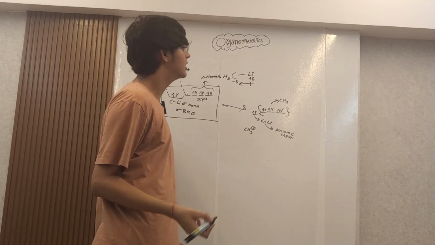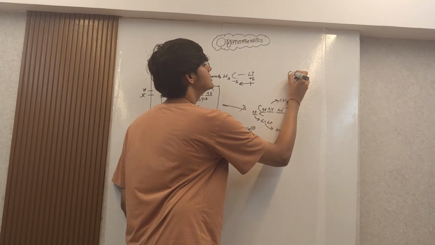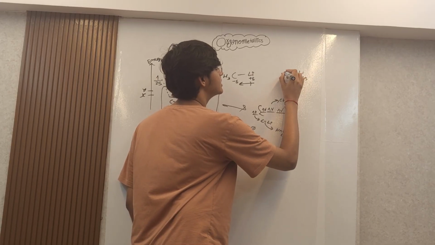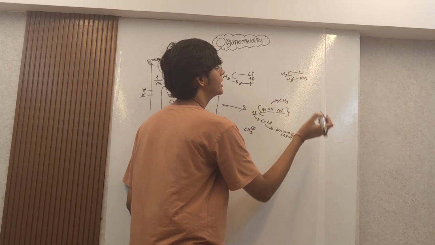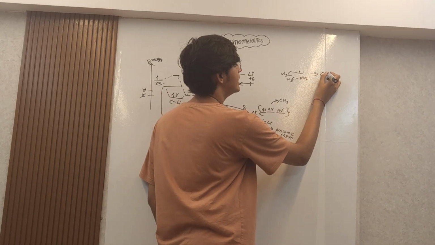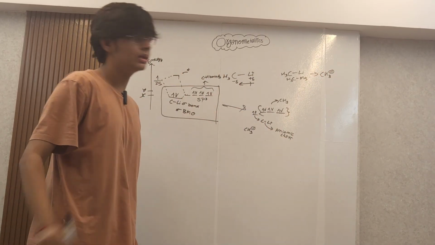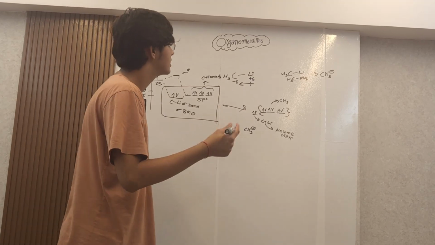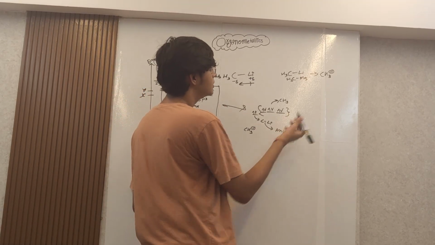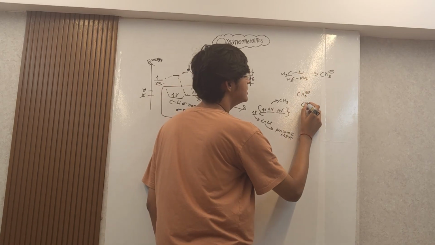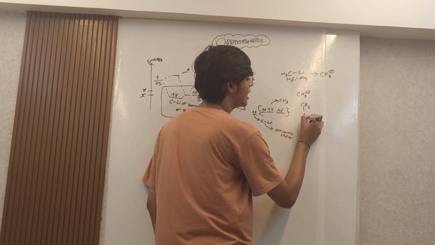So you might see in different books they write C-Li or C-Mg as CH3 negative. So if you were writing a chemical reaction, you can write it as CH3 minus or CH3Li.